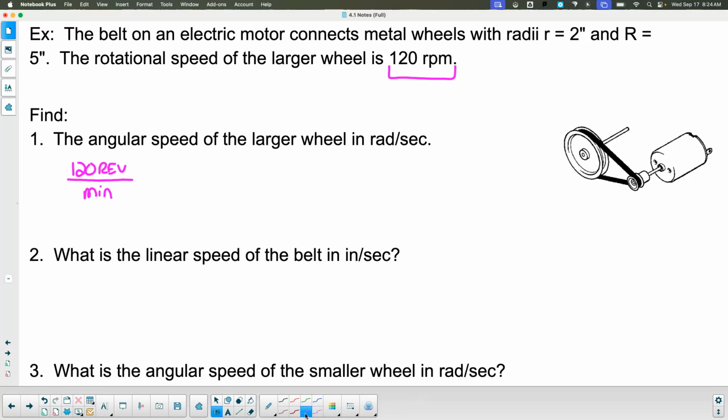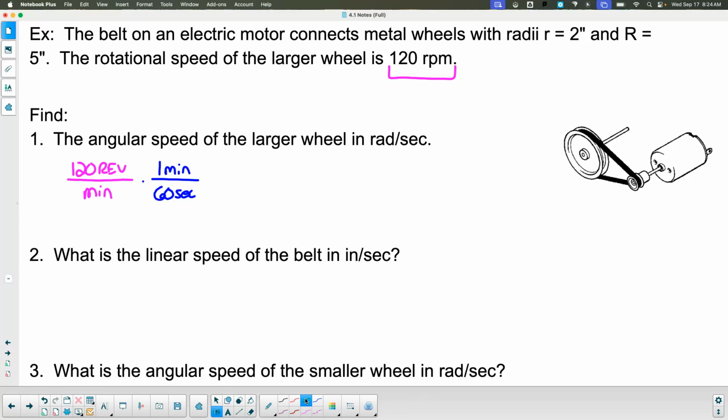Okay? Well, what do I have to multiply by to go from rotational speed to angular speed? Okay, I need 1 minute and 60 seconds because I got to get it into seconds. What else?